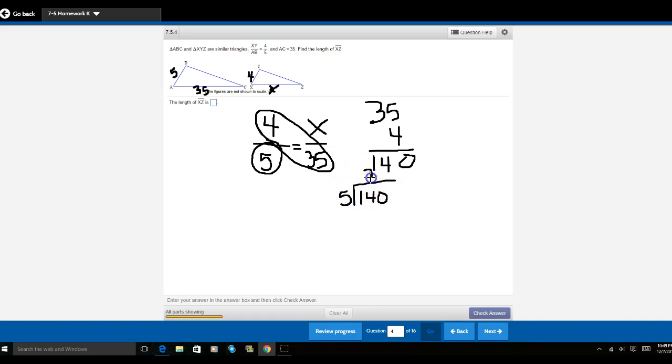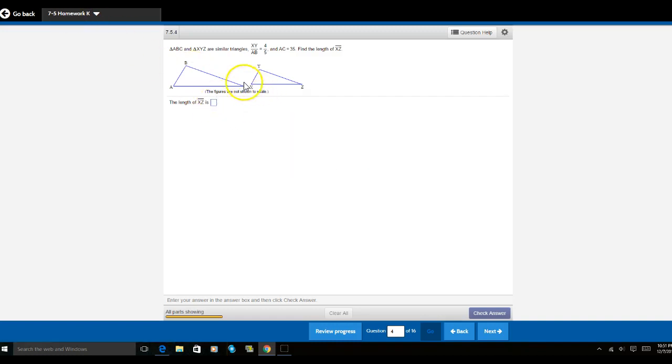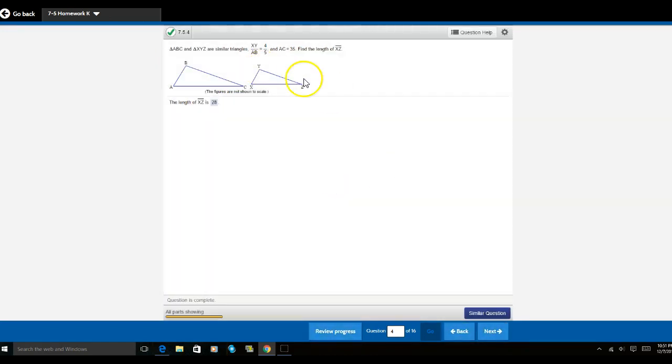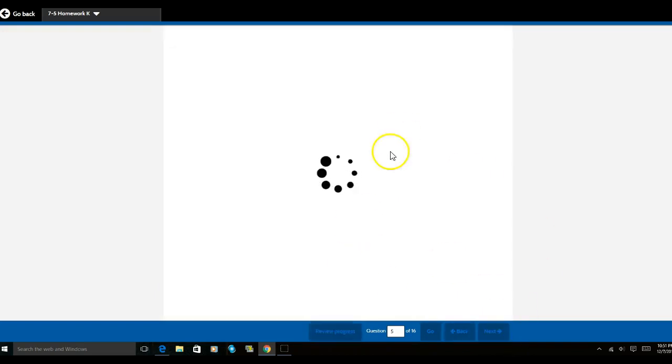That'll go in there twice. So that is 8. So my answer, side XZ, should be 28. And that's right. So that's kind of just a brief overview.